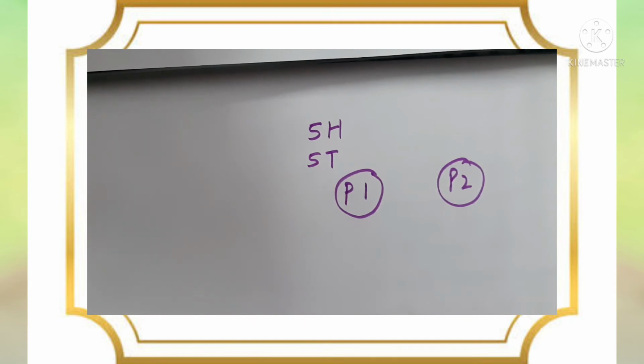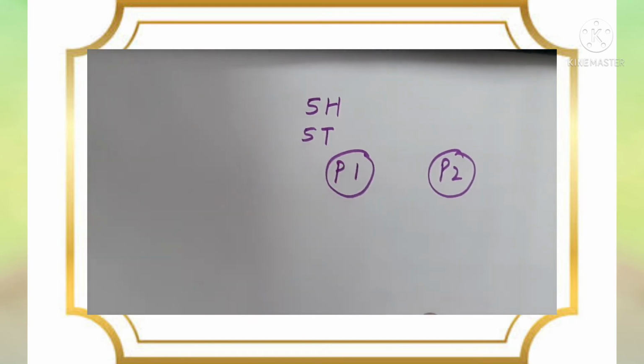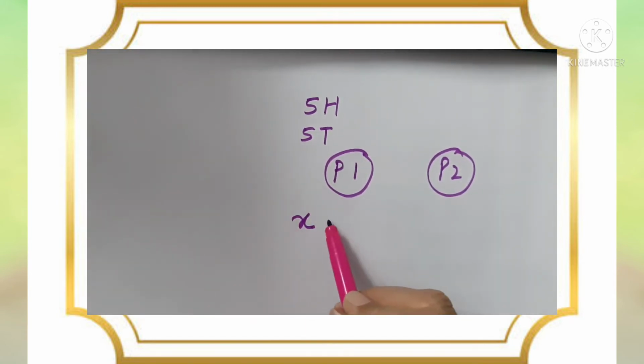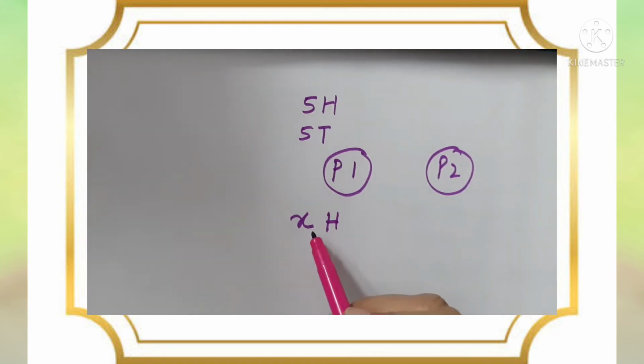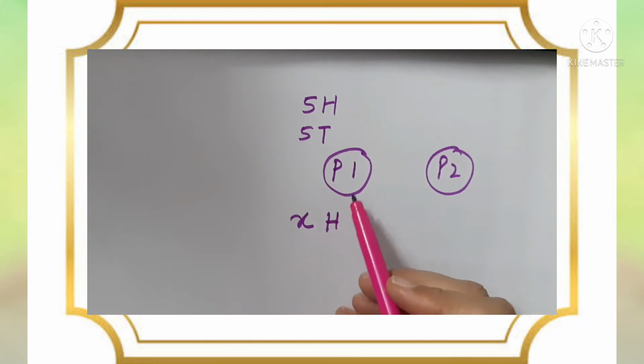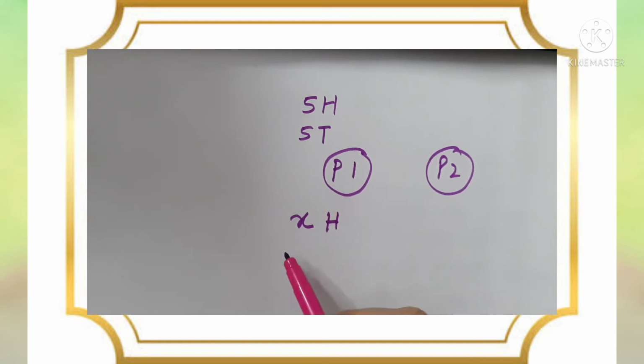If we have X number of heads in P1, then how many coins will have tails up? You know that in the first pile we have 5 coins, so 5 minus X coins will have tails up.